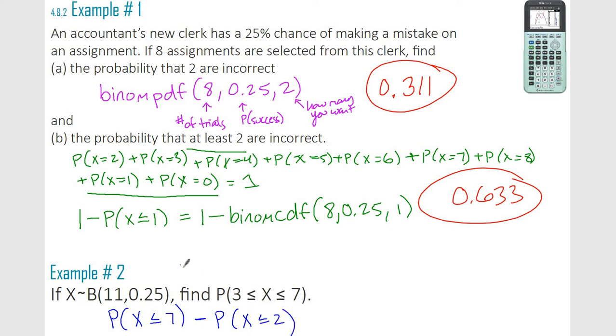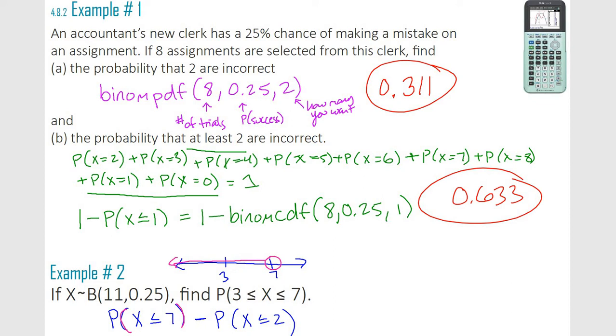Because think of a number line. We want between 3 and 7. However, when I do the probability of this one, that's everything less than 7. Well, I only want this part.